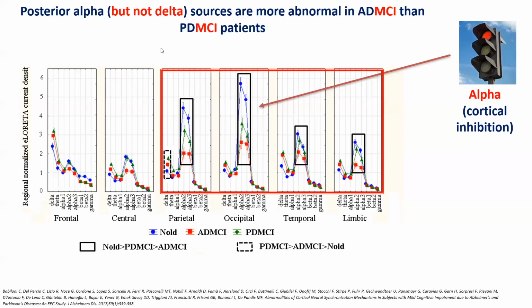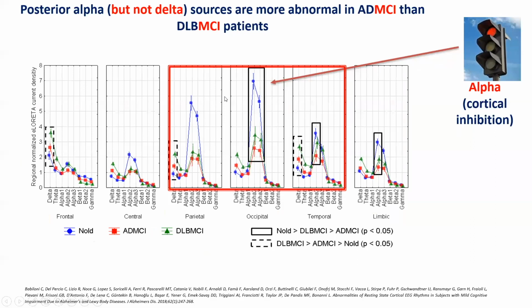Another experiment compared Alzheimer's disease MCI and MCI patients due to Lewy body. We have a very similar result in relation to the previous slide. You see a clear drop of alpha rhythms in both Alzheimer's disease and Lewy body MCI patients, but the bigger drop in Alzheimer's disease MCI patients.